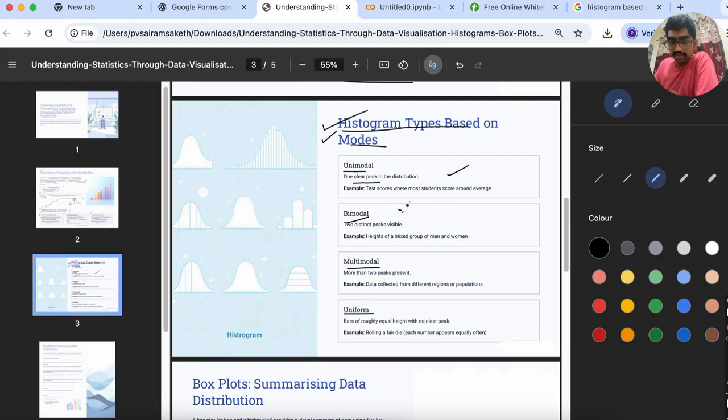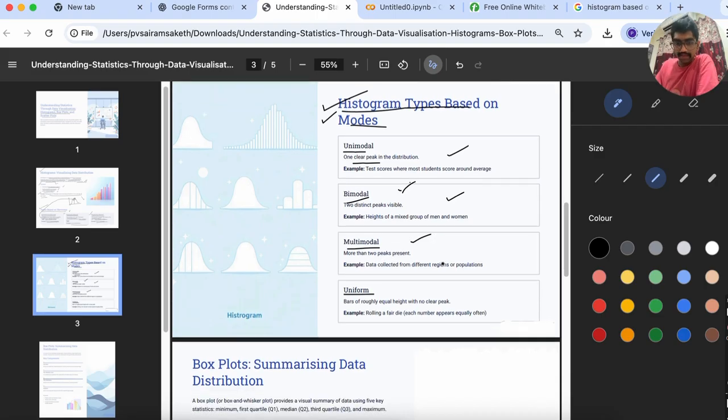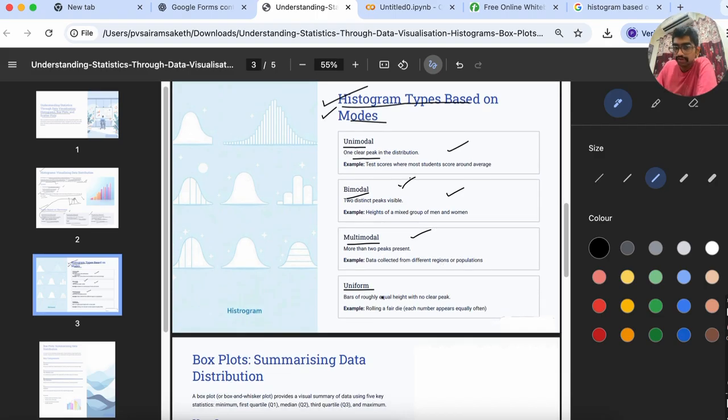Bimodal means we have two peaks. Multimodal means we have more than two peaks. And in uniform, what happens is that if two of the bins are having the same value, at that time you won't get a clear peak. If you get such kind of data, it is said to be uniform mode. So these are the four types of modes that we studied just now.